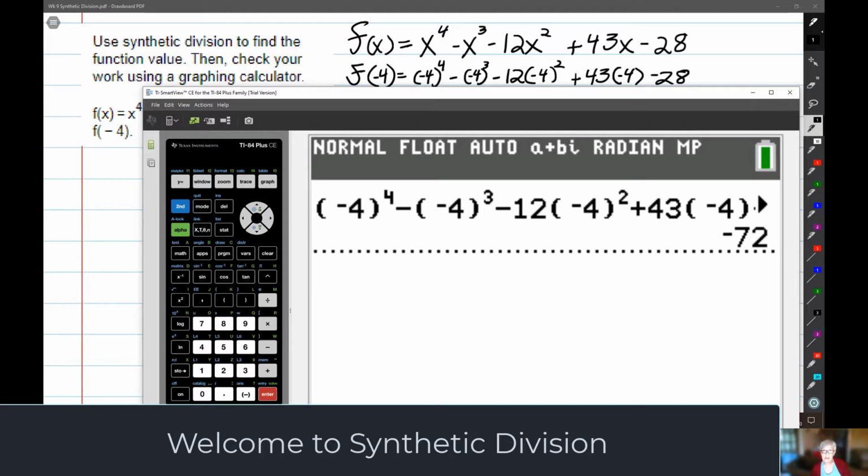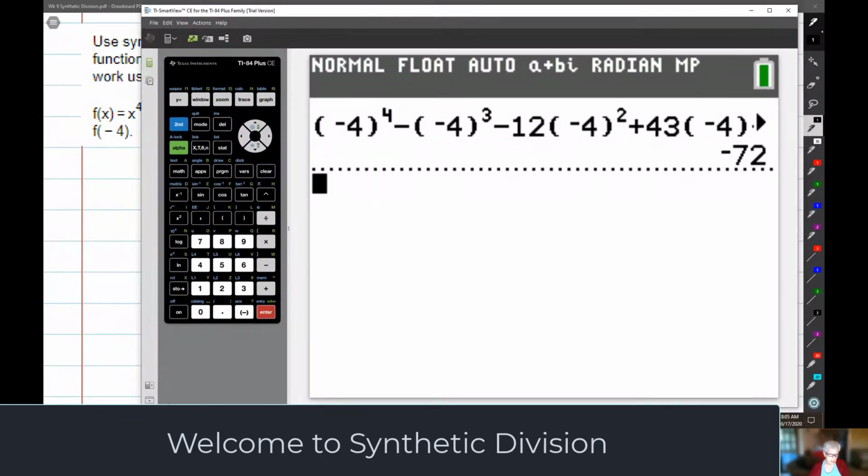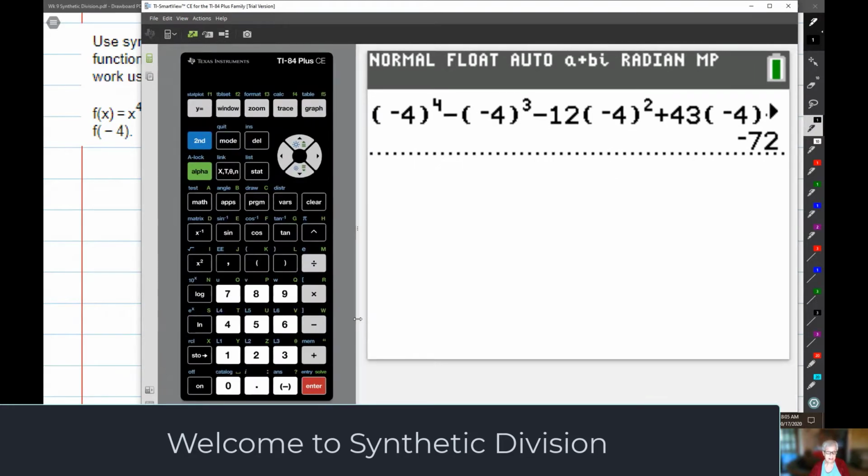Now, if you didn't get that answer, make sure you're using minuses where you're subtracting and negatives in front of the 4. Let me see if I can make the calculator bigger. You have a minus button for subtraction.